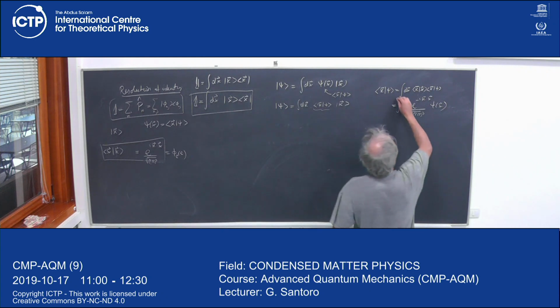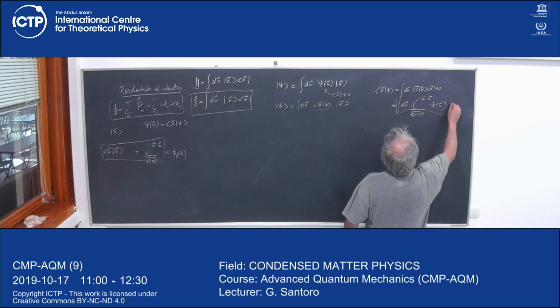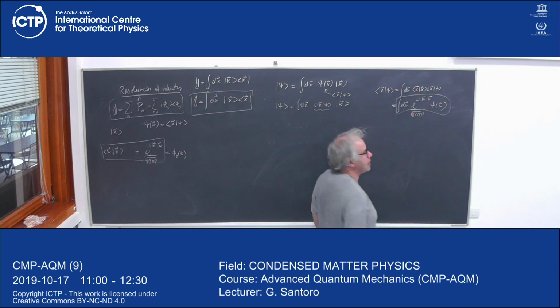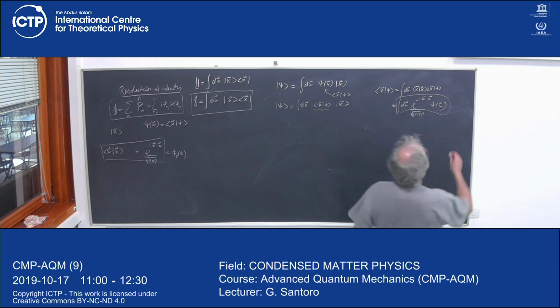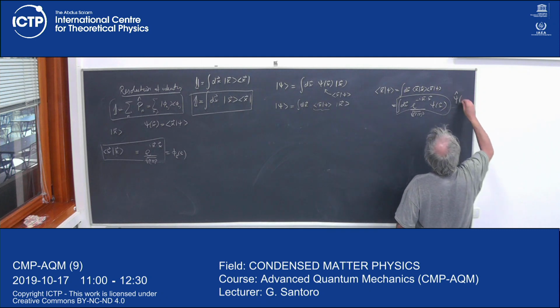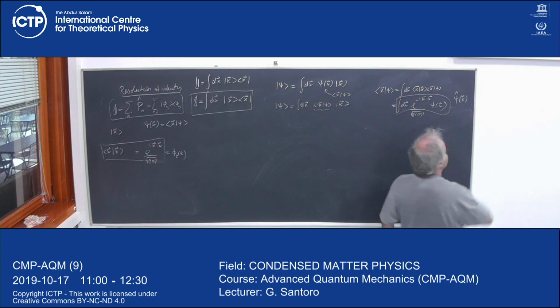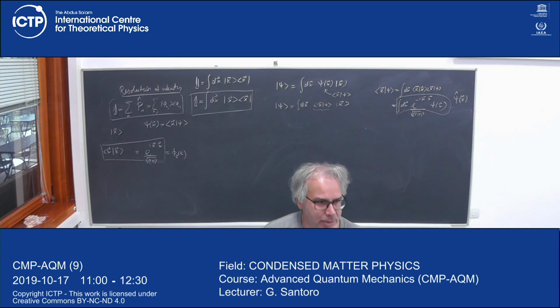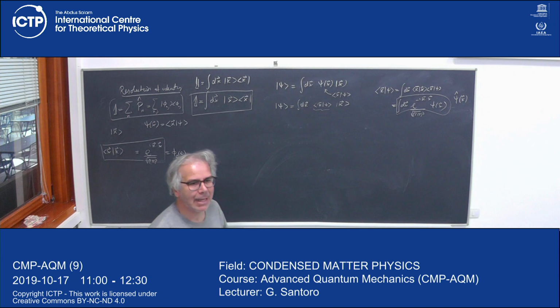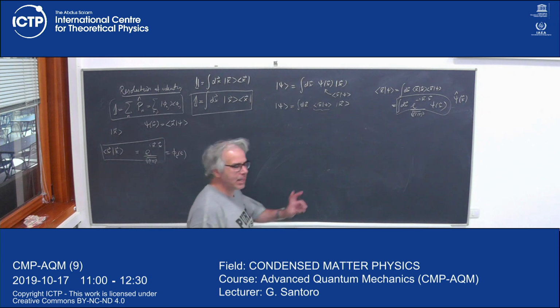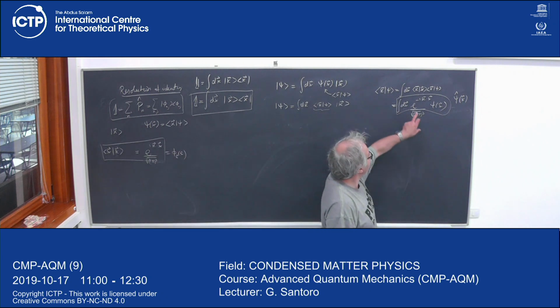Now, this object here, without the 2π factor, physicists would call it ψ hat of k, the Fourier transform. Notice the hat here is not an operator, it's the Fourier transform component. Mathematicians are in fact very symmetric, and they define the Fourier transform including the factor square root of (2π)³.